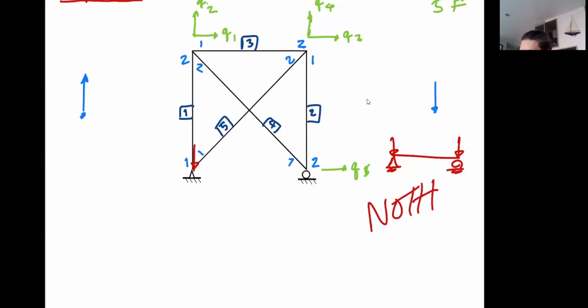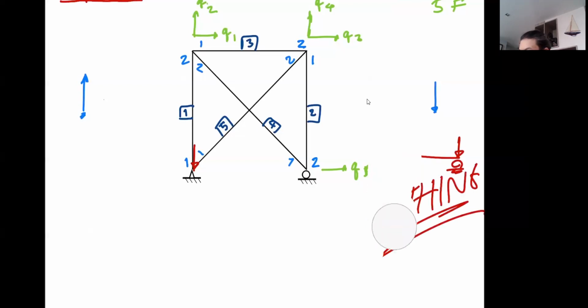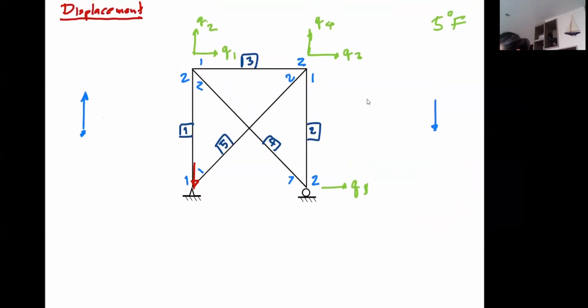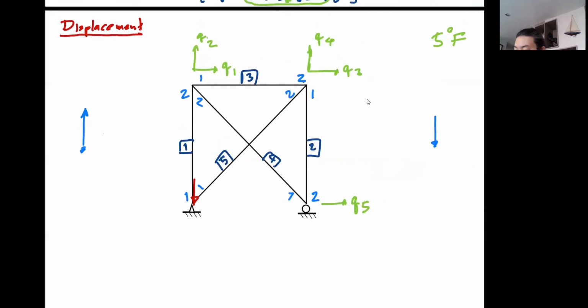The answer is nothing. Correct? Nothing is going to happen to the structure because the support takes everything. So that means the only meaningful forces to the system are the forces applied in these degree of freedom directions.